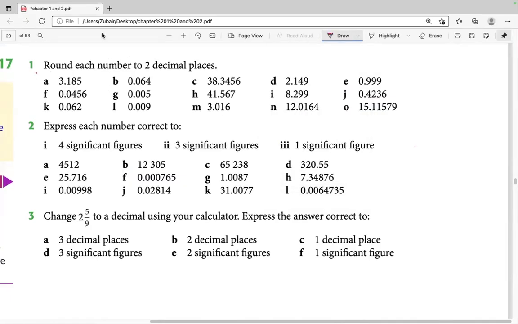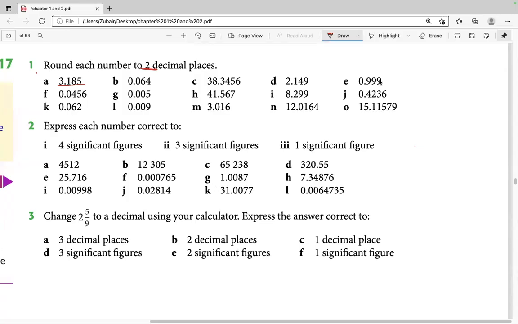Number 1 says round each number correct to 2 decimal places. So the answer for the first one would be 8.19. Correct. Would 8.1 round to 1 as well? No, we only do that when that's a 9 already and 9 changes to 10.